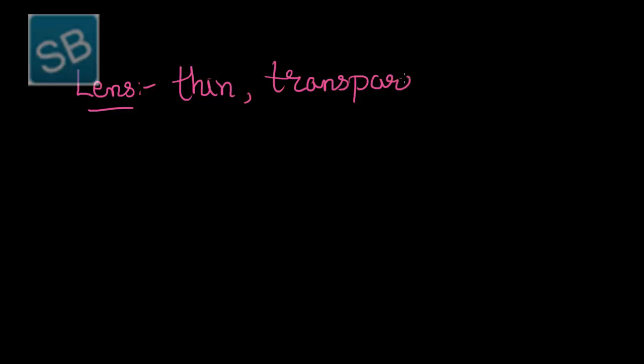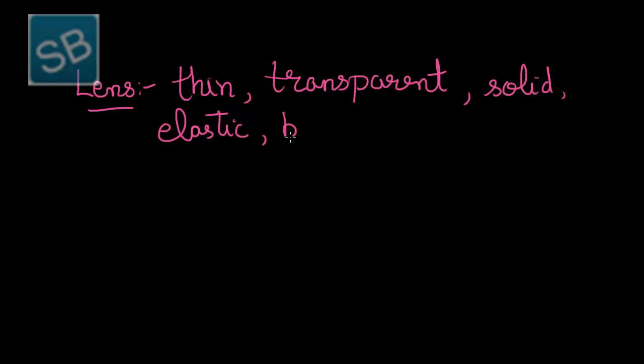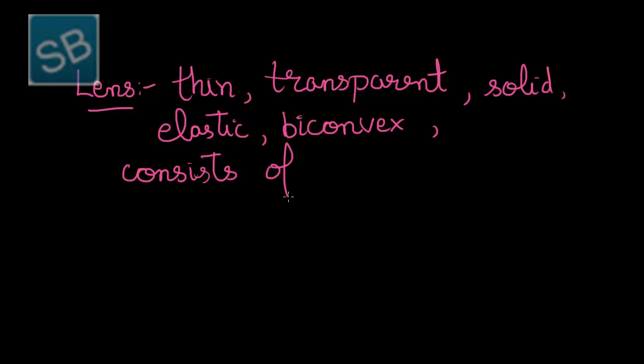Then comes another region known as the lens. The lens is thin, transparent, solid and elastic in nature and is biconvex, which consists of various laminated tissues.